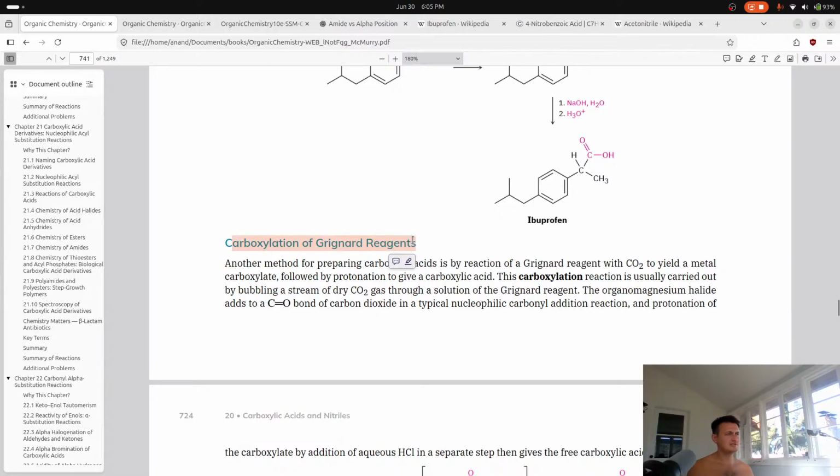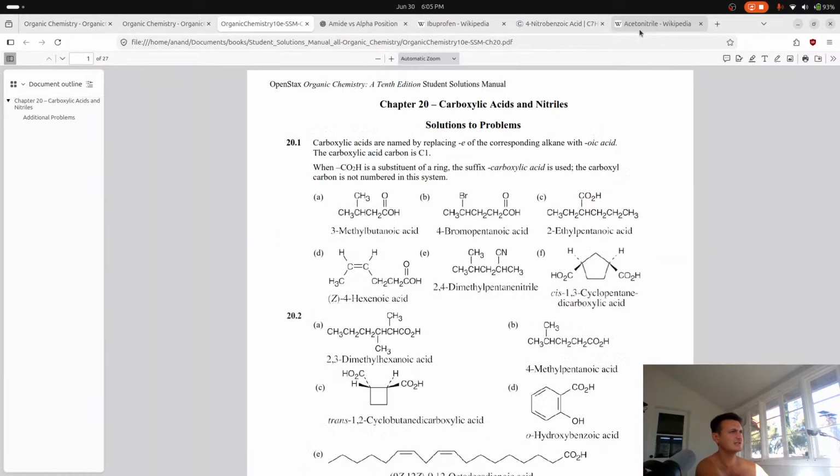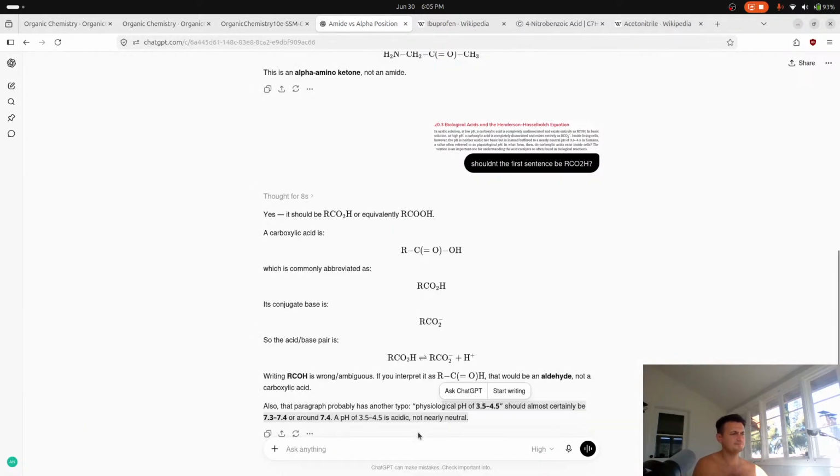Carboxylation of Grignard reagents. And why is cyanide so poisonous? Is it just because it's an amazing nucleophile that it basically reacts with a bunch of stuff?